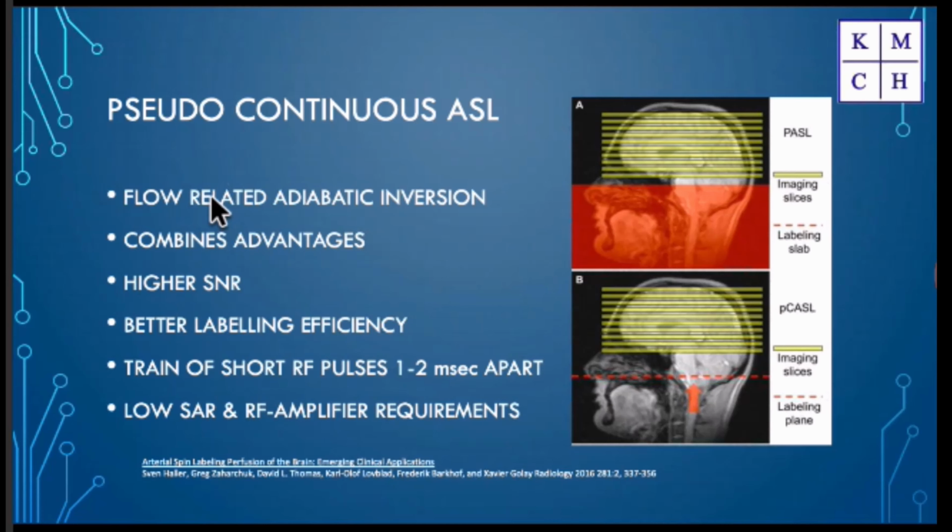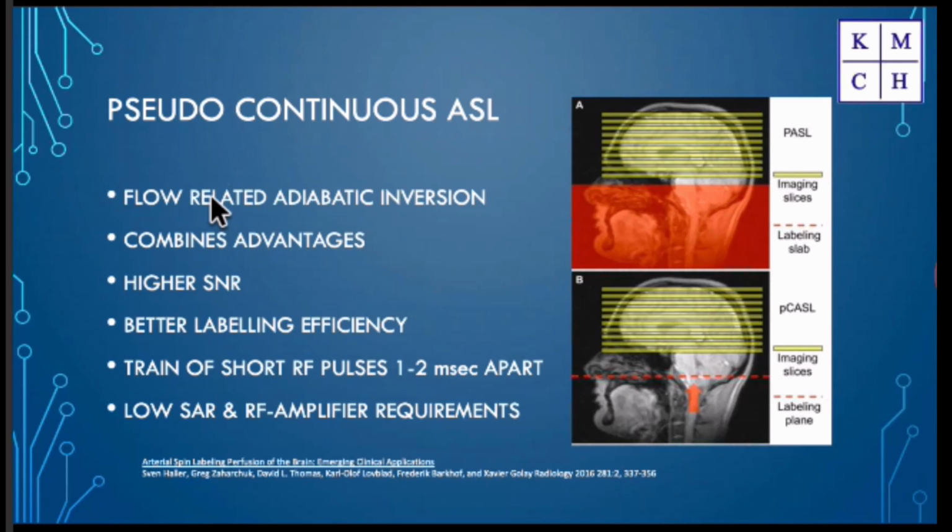How does pseudo-continuous combine the advantages? It divides the continuous pulse that we saw in CASL into a train of short pulses, which means it doesn't have the same amplifier requirement, nor does it produce the same tissue deposition of energy. Second, it has the higher SNR associated with the continuous form of ASL. How about the labeling efficiency? The labeling efficiency of a continuous ASL is lower as compared to a pulse ASL.